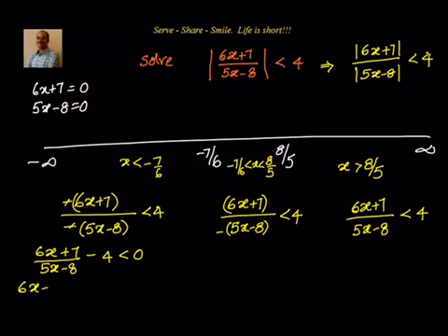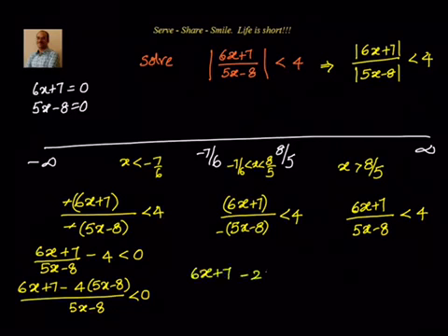We will have 6x plus 7 minus 4 into 5x minus 8, divided by 5x minus 8, is less than 0. If you simplify that, it will become 6x plus 7 minus 20x plus 32, divided by 5x minus 8, is less than 0.